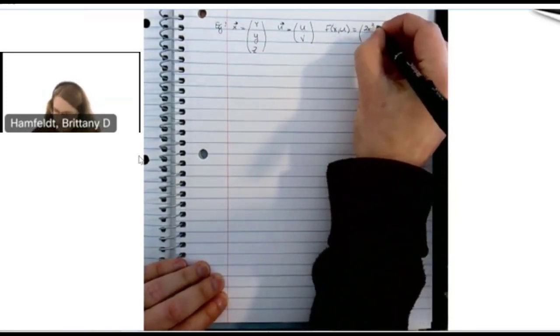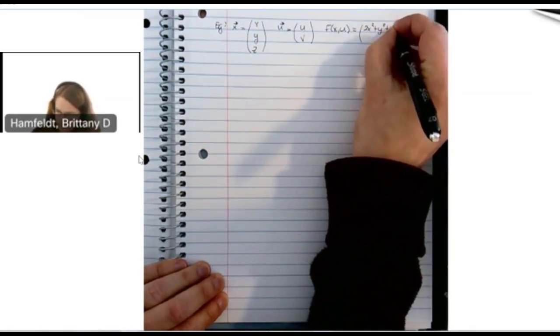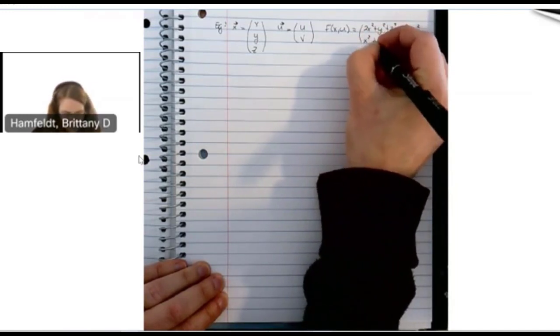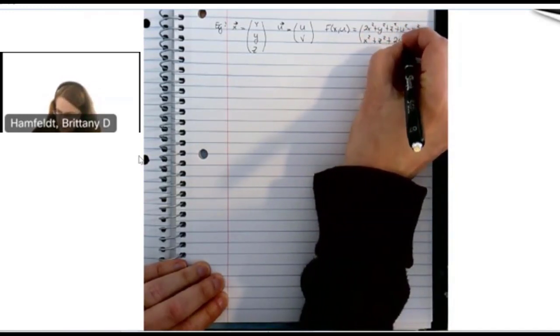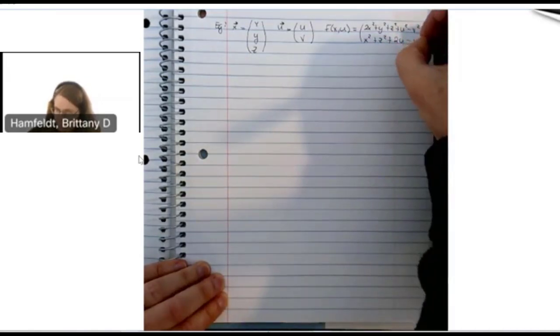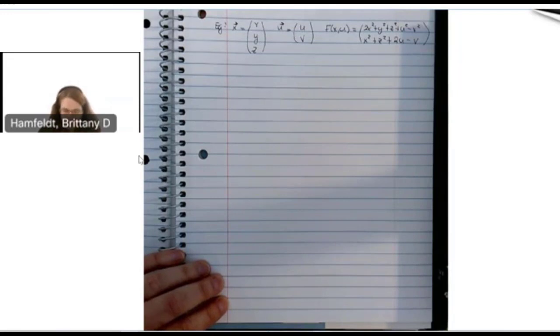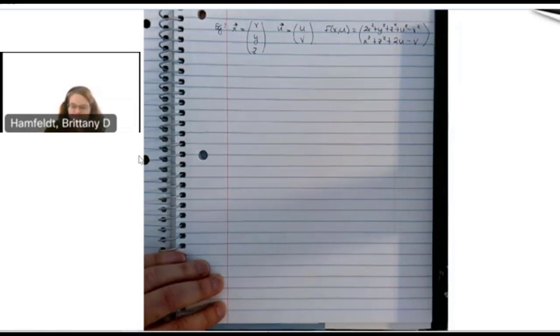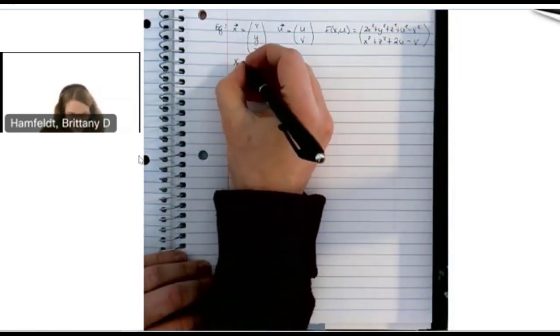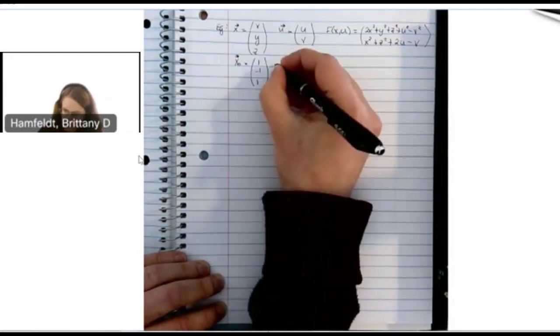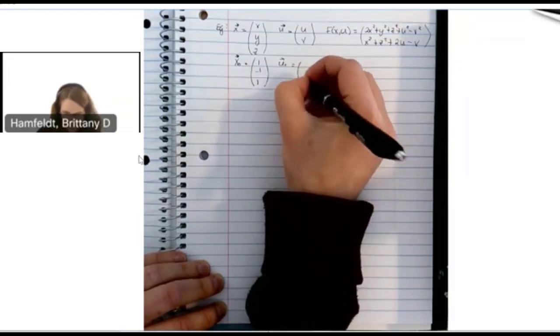And in particular, I'm going to give you this f: x squared plus z squared plus 2u minus v. If I'm hoping to do any kind of implicit function theorem, I certainly need a reference point. So I'll give you a particular reference point that is 1, minus 1, 1, and 0, 2.